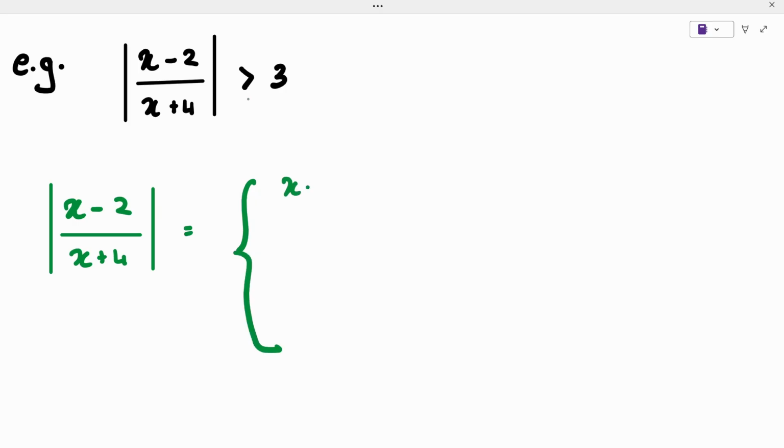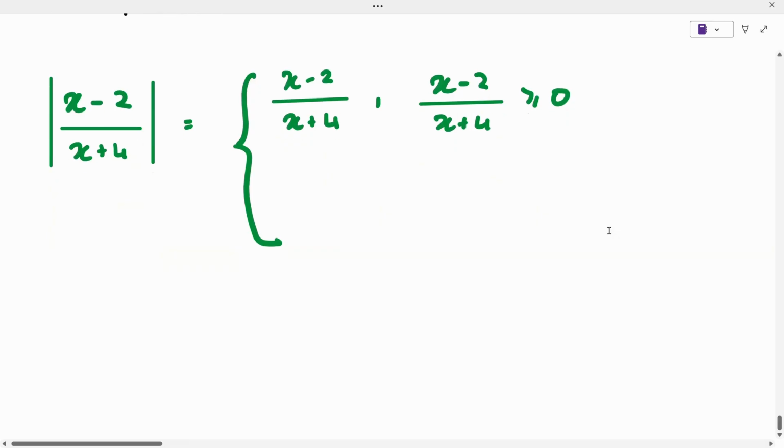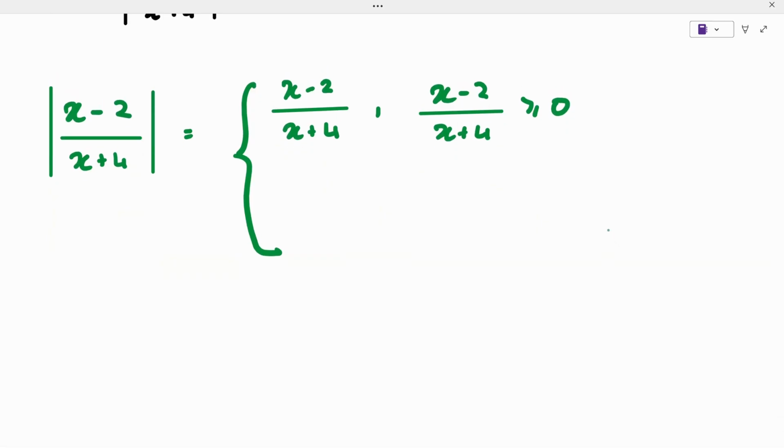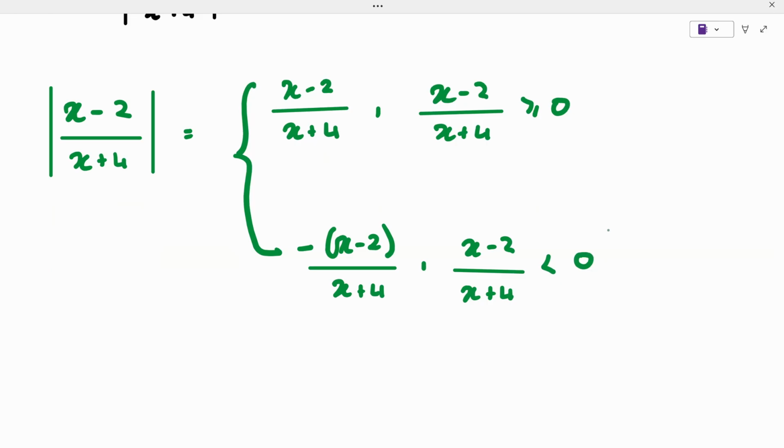We have x minus 2 over x plus 4 when x minus 2 over x plus 4 is greater than or equal to 0. And we have minus x minus 2 over x plus 4 when x minus 2 over x plus 4 is less than 0.